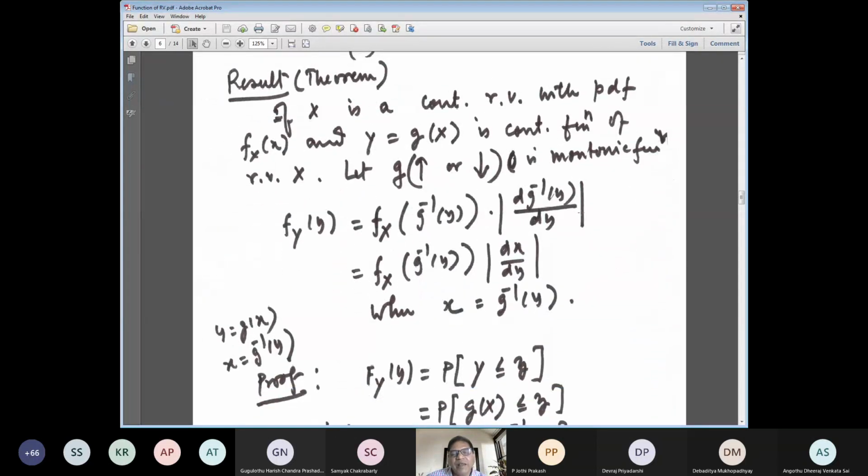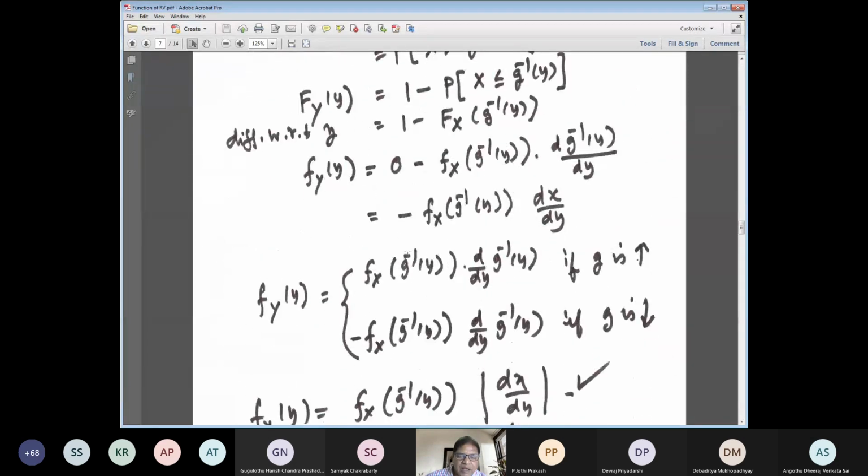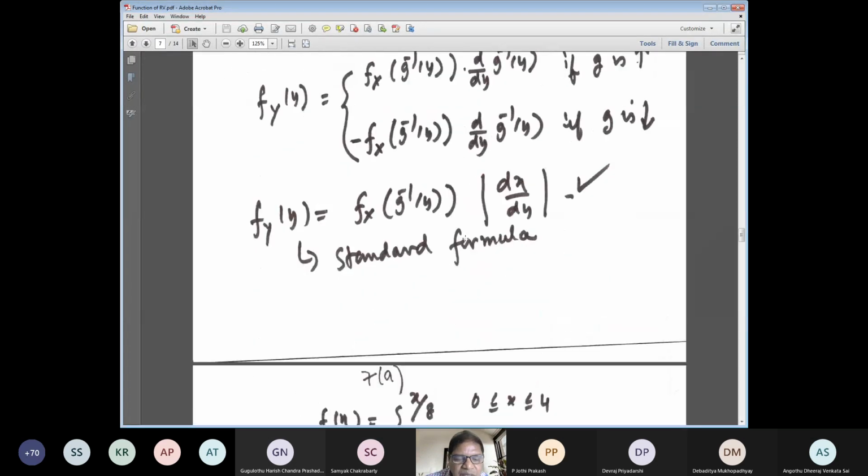But this result is valid only when the function is either increasing or decreasing. So you can directly use this final result, that f_Y(y) is equal to f_X(g inverse y) times the absolute value of dx over dy. And I gave you the proof of this result.